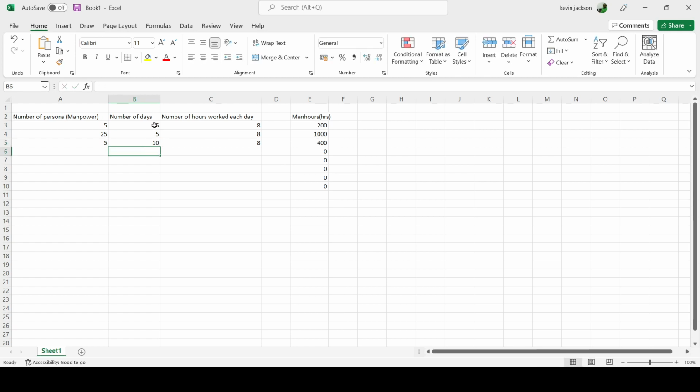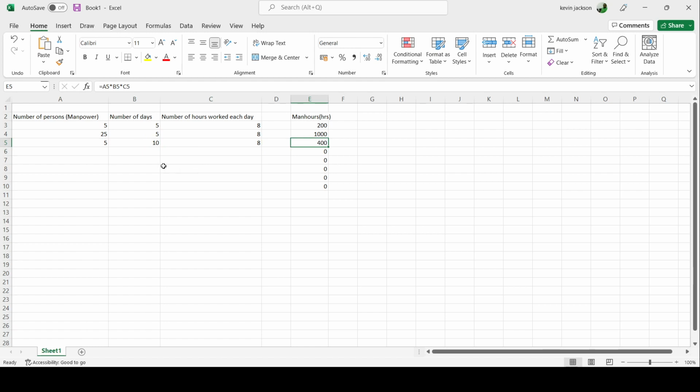I only knew that because we have 200 here; 200 times 2 is 400, and 2 times 5 is 10. And how did I know to choose this one? Because this is already fixed. So it's going to take 5 men 10 days, or 2 weeks, working at 8 hours a day to achieve 400 hours of work.